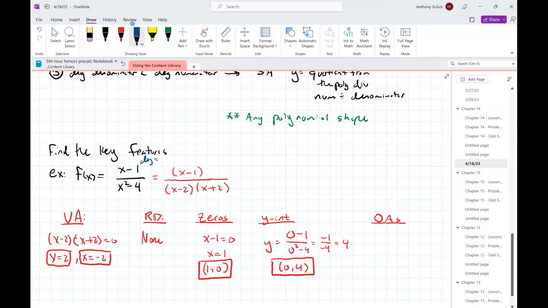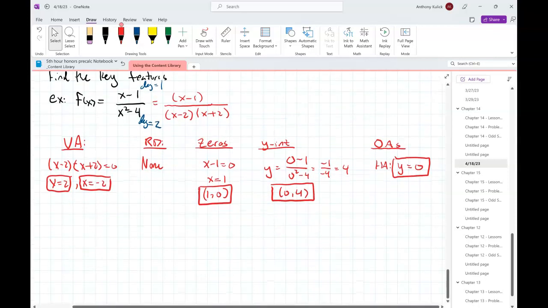Degree of the denominator is 2, so the numerator is less than the denominator. That means that we have a horizontal asymptote at y equals 0. Nothing to really compute there. That was pretty easy. Everybody okay with that?